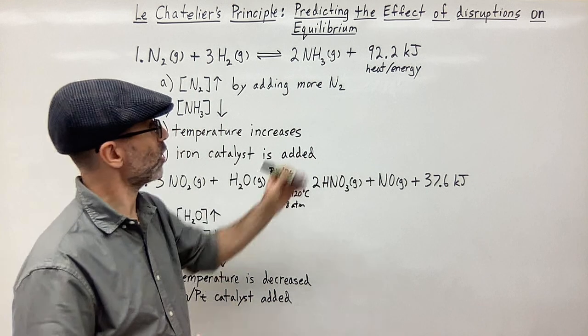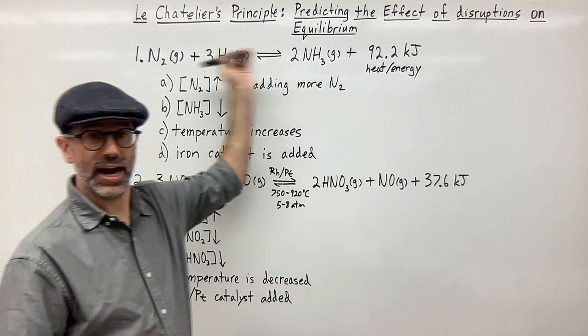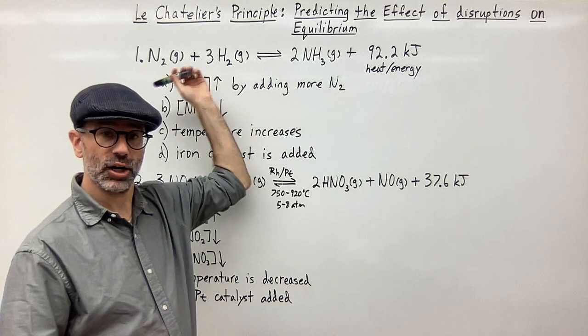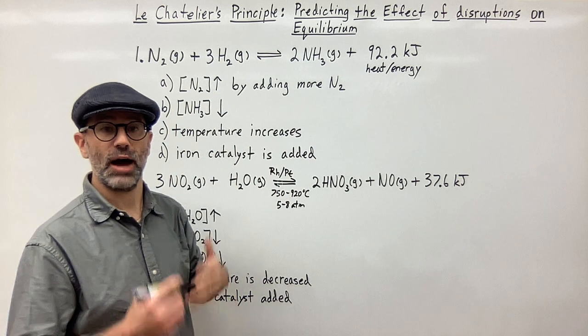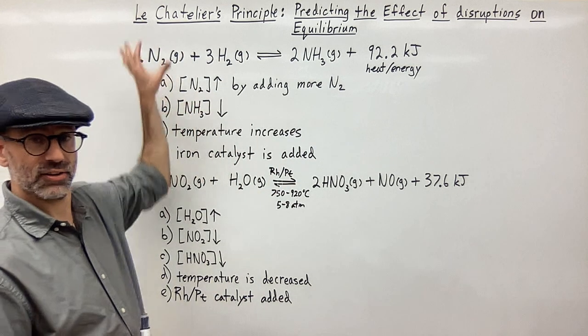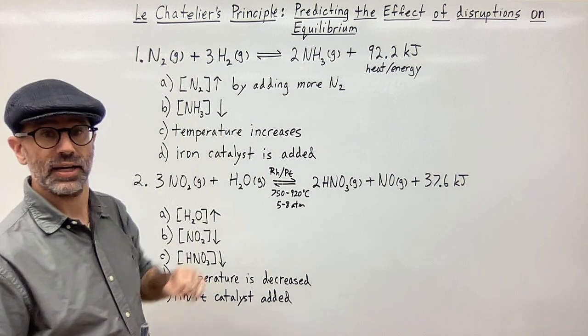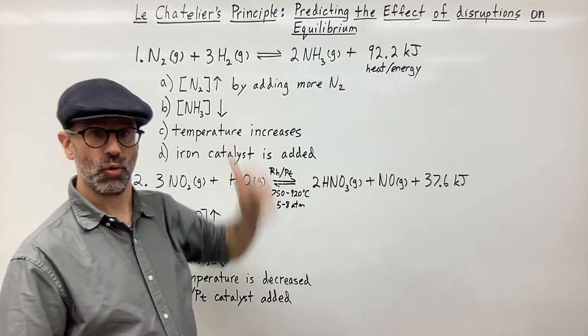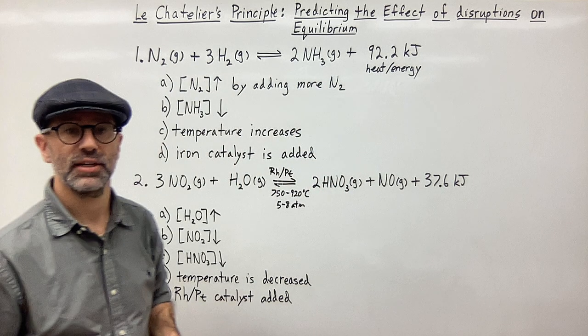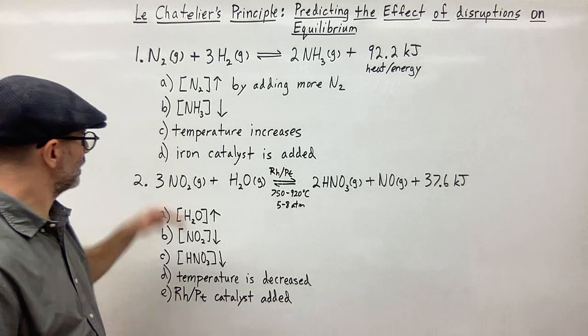So the reverse reaction will be going quicker than going forward. And so that will cause more reactants to be formed, and therefore the equilibrium is going to shift towards reactants. Okay, what about D?